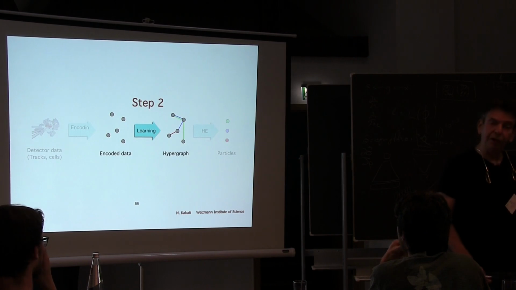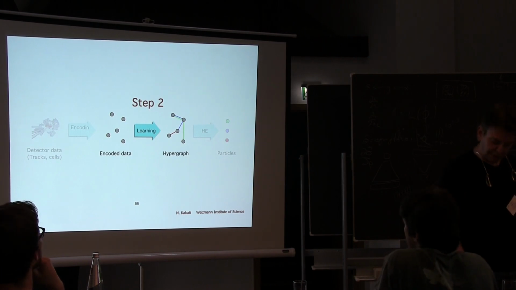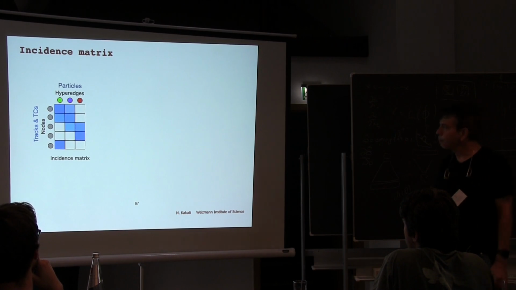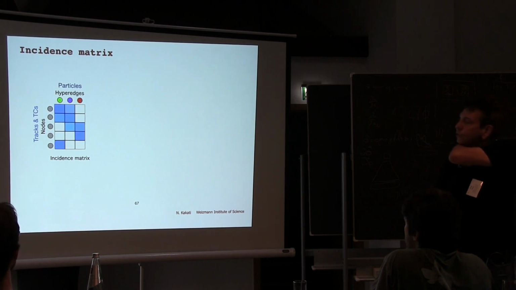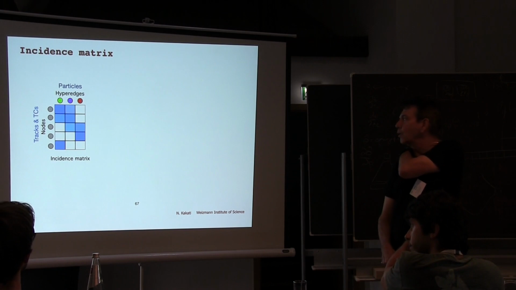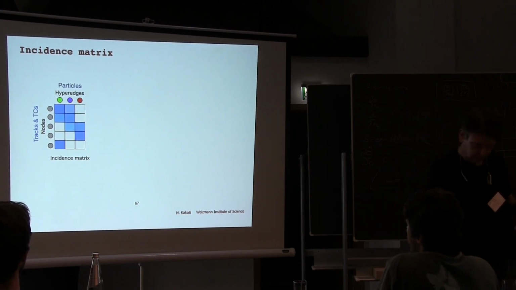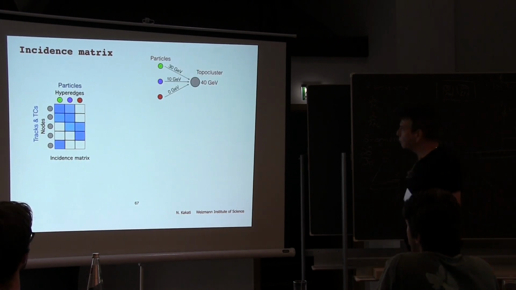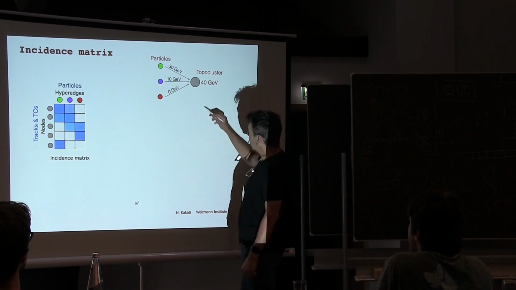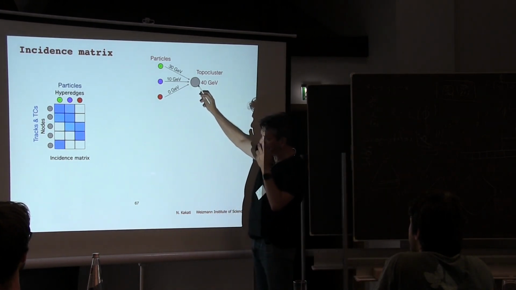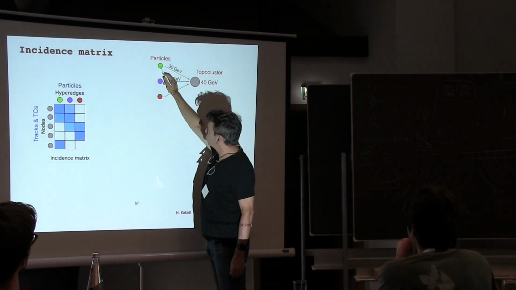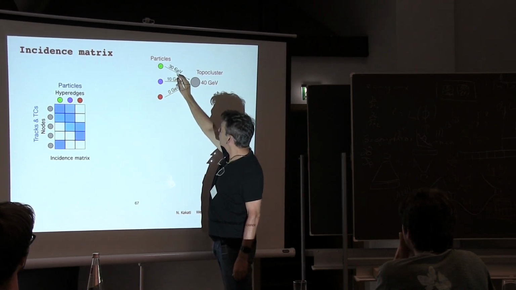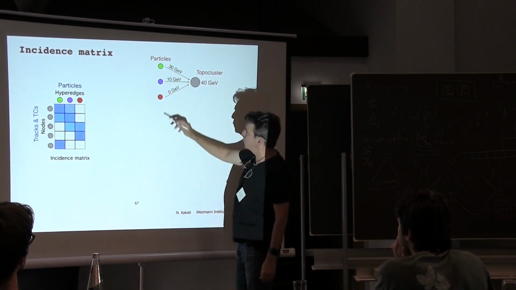Okay, let's talk about the incidence matrix. I'll show you the physics behind the incidence matrix now. I have the rows of the tracks and topoclusters and the columns of the particles. Suppose I have a topocluster of 40 GeV that distributes its energy to 3 particles. 30 GeV here, 10 GeV here, and 0 here.